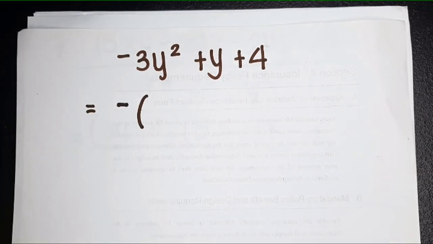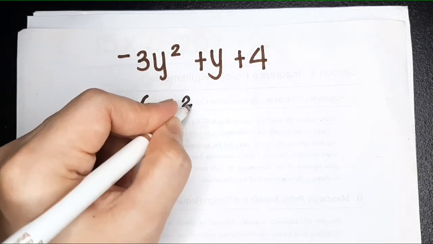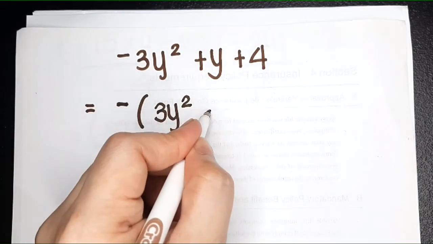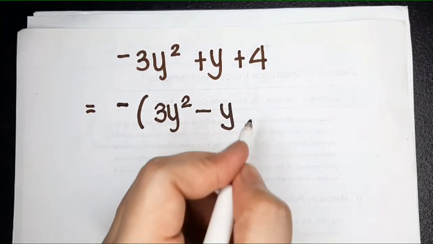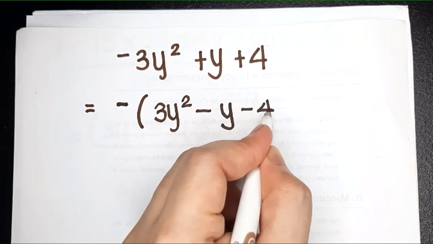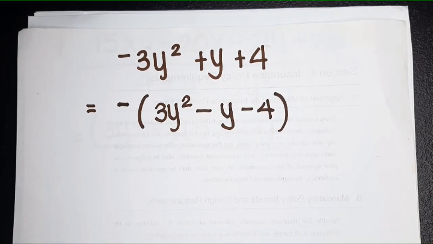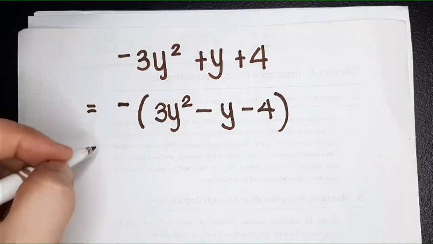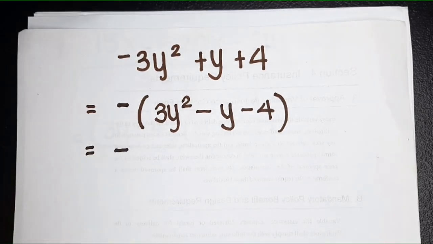So, anong may iwan sa loob? It's a positive 3y squared. But be careful with the signs. You have a minus y here and a minus 4 here. Okay? Para mas komportable kayo mag-factor ng trinomial. Okay? Pero wag niyong kakalimutan yung negative na ito. So, you always copy that.